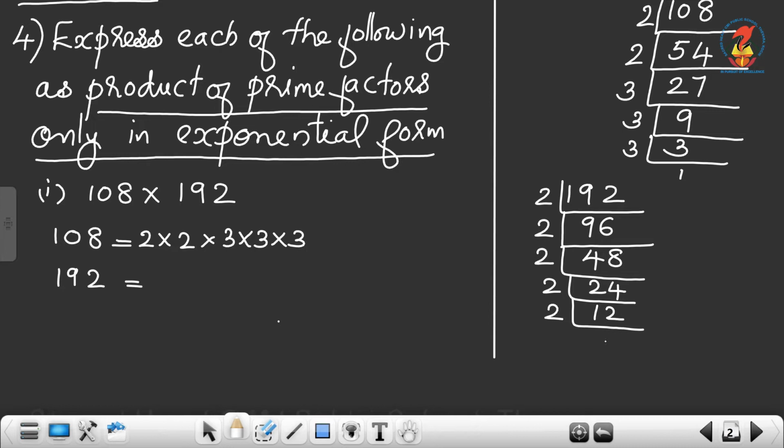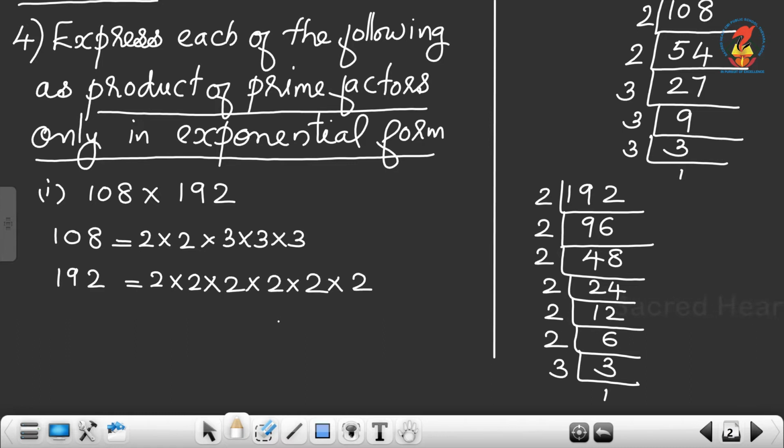Again with the 2, 6, again with the 2, 3, then with the 3, 1. Now write all the 2's together: 2 into 2, 1, 2, 3, 4, 5, 6 2's, into 3.